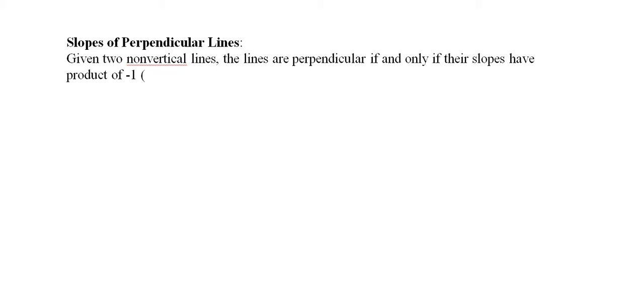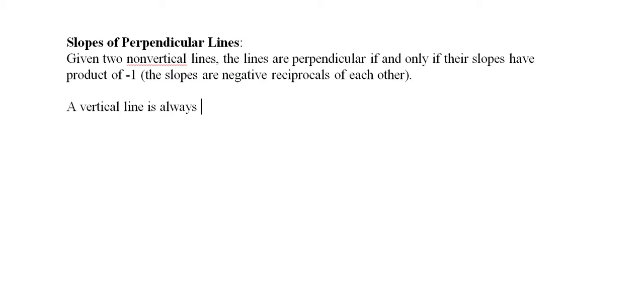In other words, the slopes are negative reciprocals of each other. And then generally speaking, a vertical line is always perpendicular to a horizontal line.